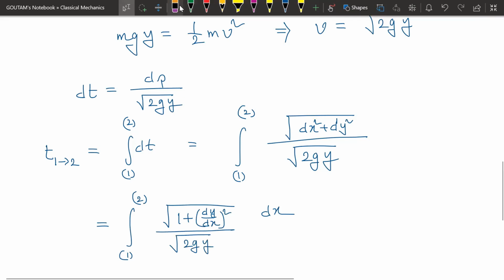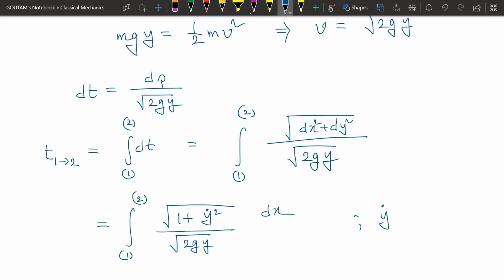Now we will write this dy/dx as y dot. Note that y dot here is not dy/dt; it is dy/dx.